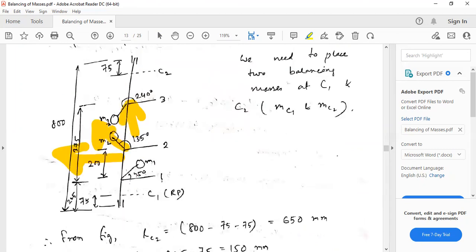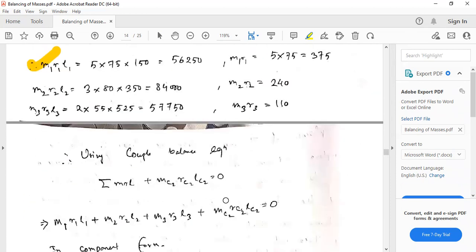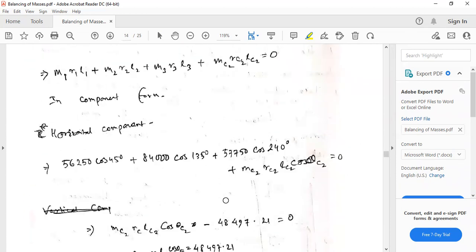Similarly for the third one. For the MC2 one, we don't know the direction, but let's assume anything, and we need to find theta also. Once we get theta C2, then only we will know the direction. That we will see, but we have to find its component, by assuming the angle is theta C2.